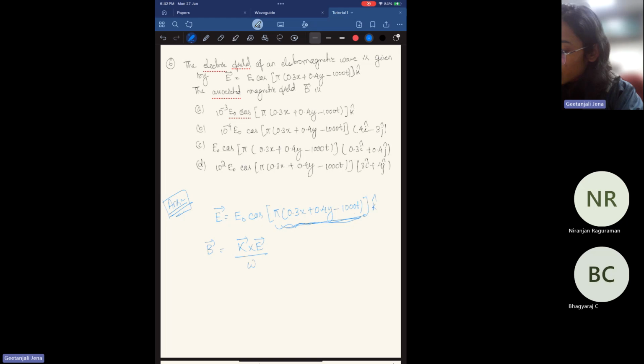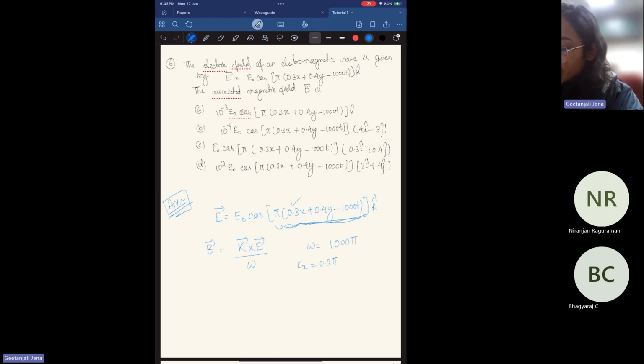If you see the coefficient of t, it will be omega, right? So omega here is nothing but 1000 pi. And the coefficient of x is 0.3 pi, that means Kx is 0.3 pi.